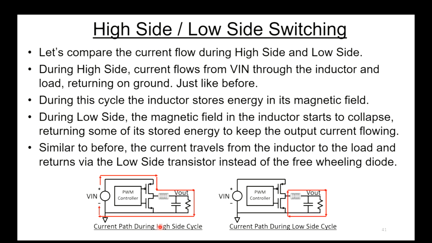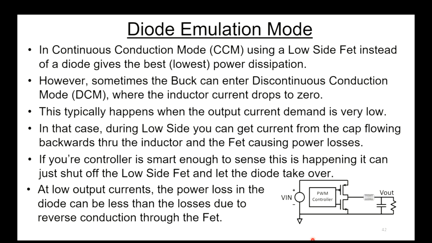During low side, the magnetic field in the inductor starts to collapse, returns some of that stored energy, and keeps the current flowing, but it flows now on this loop on the right here. This is similar to before, only instead of flowing through the diode, now we have the low side switch. So we have to turn the low side switch on during that part of the cycle.